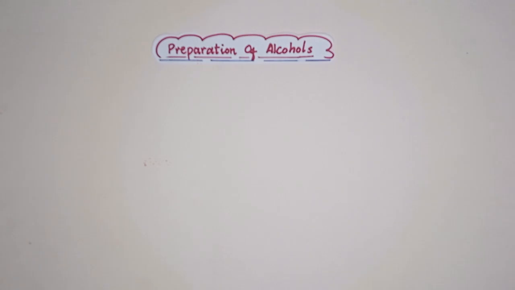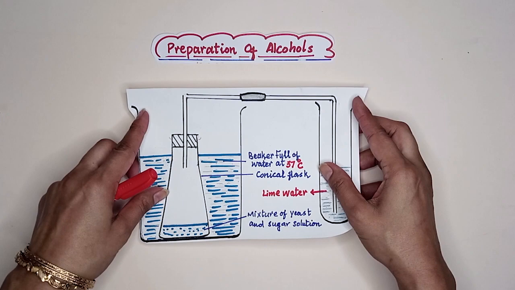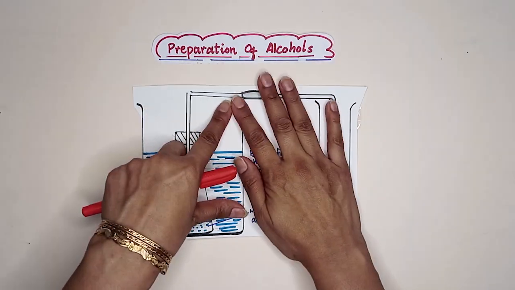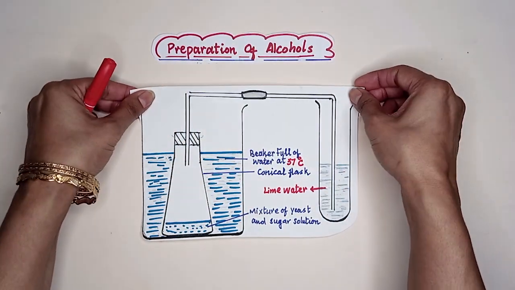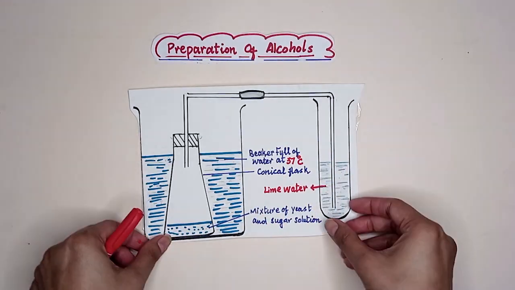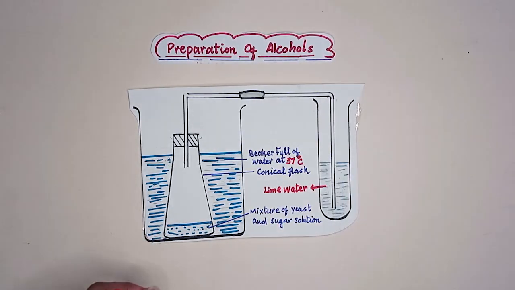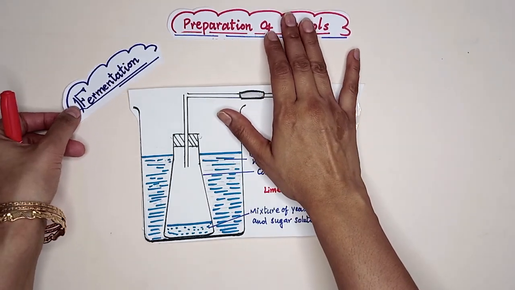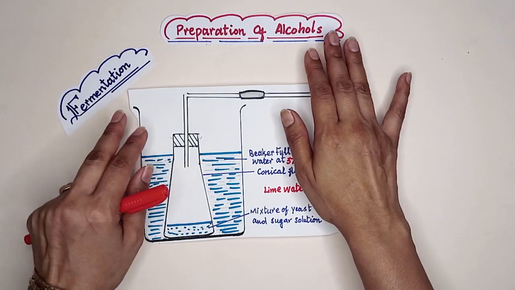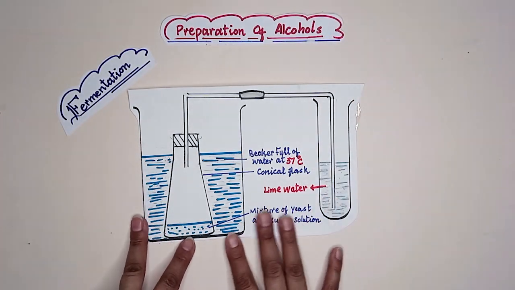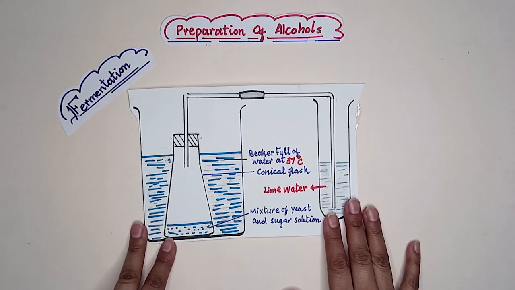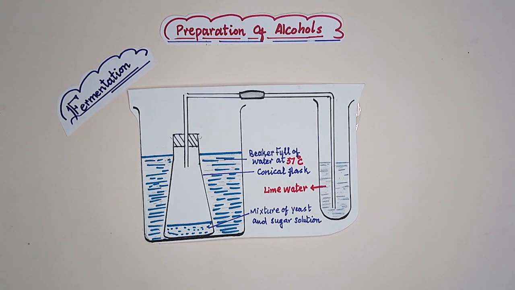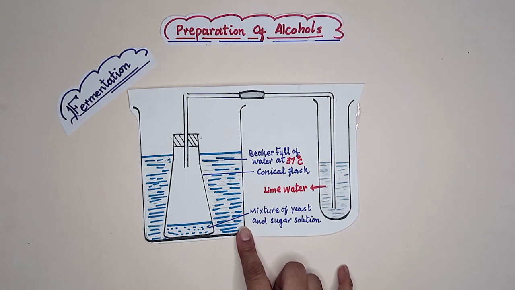We can check it by having a look at this diagram. This is the process of preparation of alcohols through fermentation. If we want to carry out this experiment, there are some ways to check how this process can be carried out.